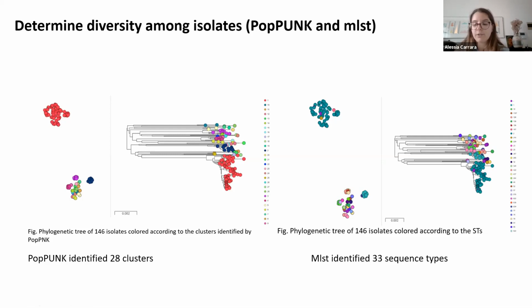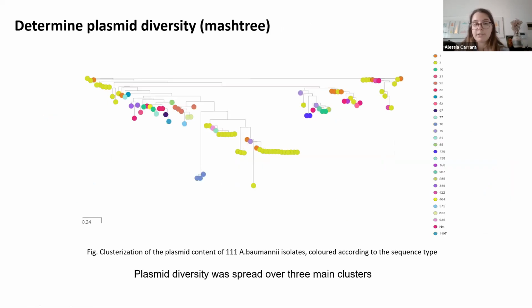However, we also investigated the plasmid diversity. So we tried to determine the plasmid diversity using Mashtree. Here we have a clusterization which has been obtained using the plasmid content of 111 isolates, which are those that contain at least one plasmid sequence, and they are colored according to the sequence type.